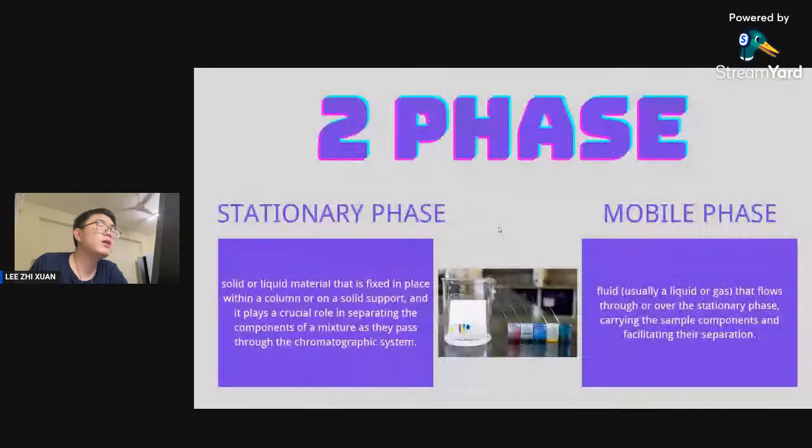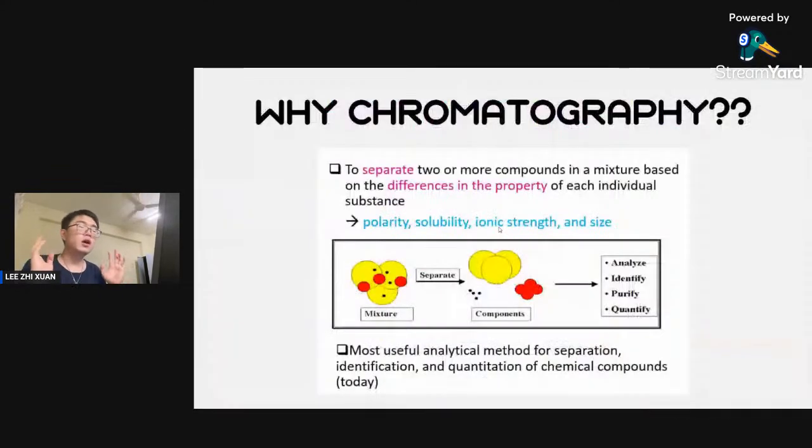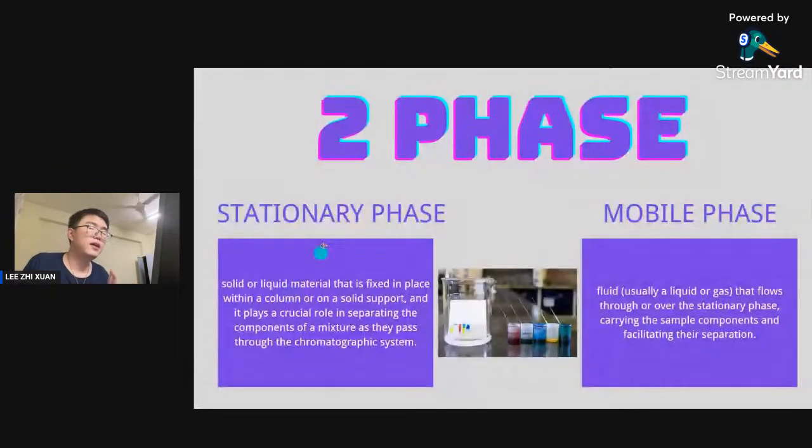Okay, so in chromatography, you will hear about two phases, the stationary phase and the mobile phase. These are the two main phases, the key components in chromatography that play a role in separation. So what is the stationary phase?